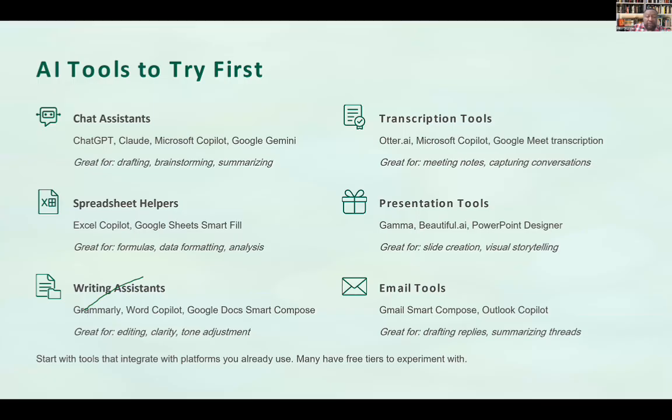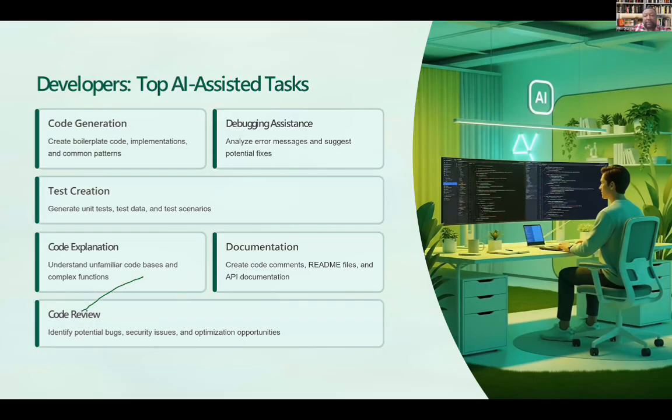I'm sure everyone knows now, when you open your email, if you use Gmail, Google wants to help you summarize your emails, same as Copilot. And then, of course, Gamma is used for slide presentation. So we're going to go through some of these tools, maybe not all of them.